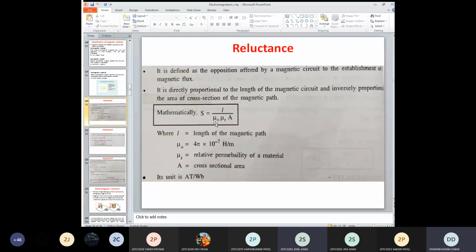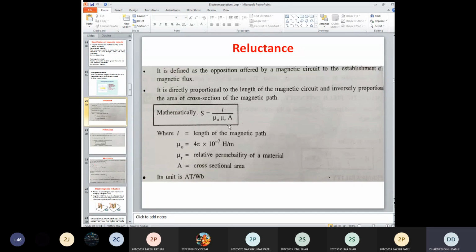Nu 0 is a constant. Nu R is the relative permeability of that material, and A is the cross-sectional area of the material through which the flux lines are passing. So any magnetic material has a reluctance that is defined by this equation.